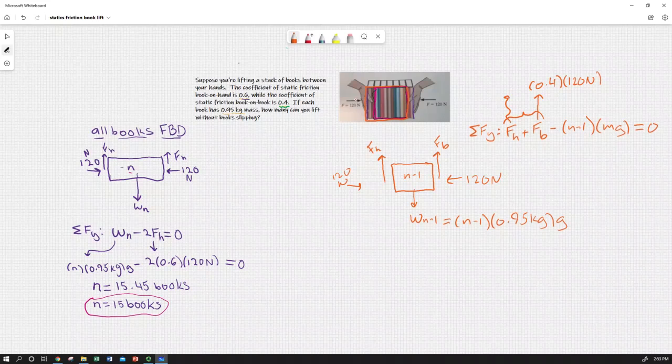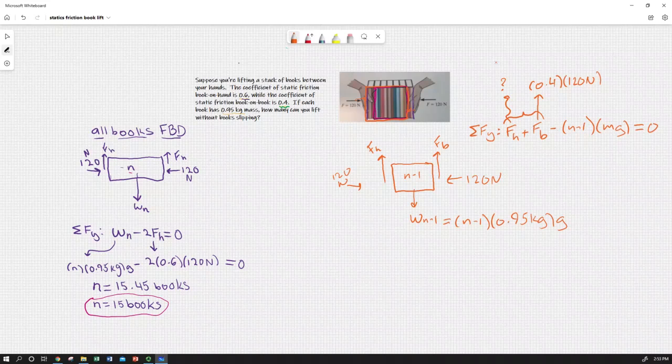If you knew exactly where things were being applied, maybe you could figure it out with a moment equation, but at the end of the day, we don't really know what that is. So we cannot, as might have been done in an earlier solution to this, just simply assume that it's the same. That's something that's really tempting to do, and it leads you to get a little bit different answer. It's close. It certainly is going to be closer than using this over here. But at the end of the day, we can't be exactly sure what this is applying.